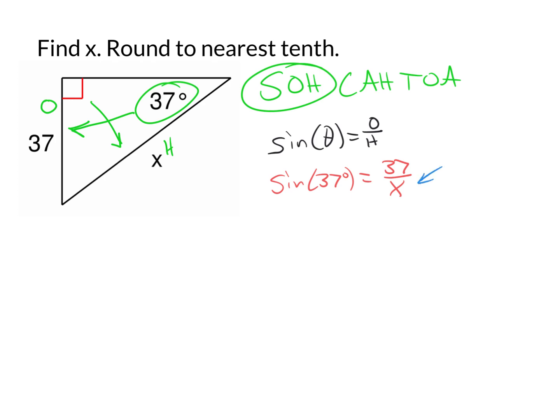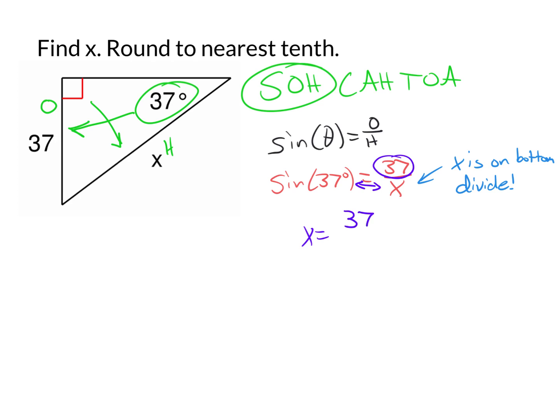All right, this time, x is on the bottom, which means divide. So literally what I'm going to do is flip-flop this x and sine 37, bring x to the left side, and take this 37, and it's going to be on top.